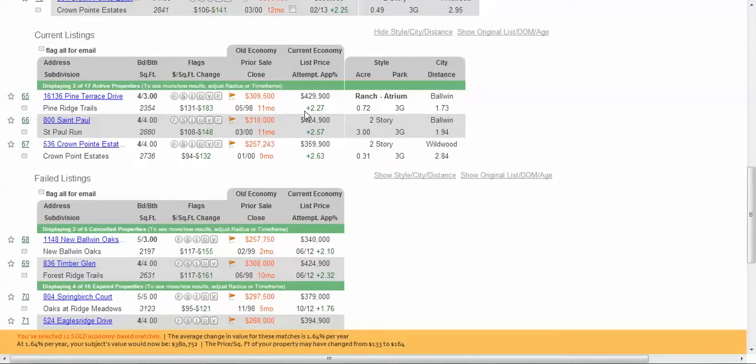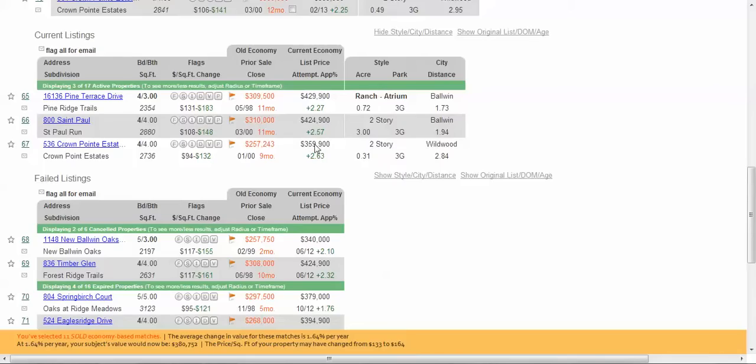And you can see that people are asking almost 2.5% per year that are currently for sale. If we go down here at the bottom, we can see that the 11 properties that sold are getting about 1.6% growth rate, and these people are asking about 2.6. You might wonder why these houses have been on the market for a while or why they're not selling.